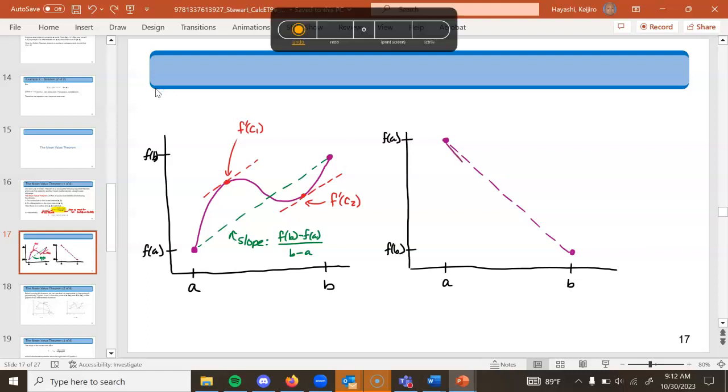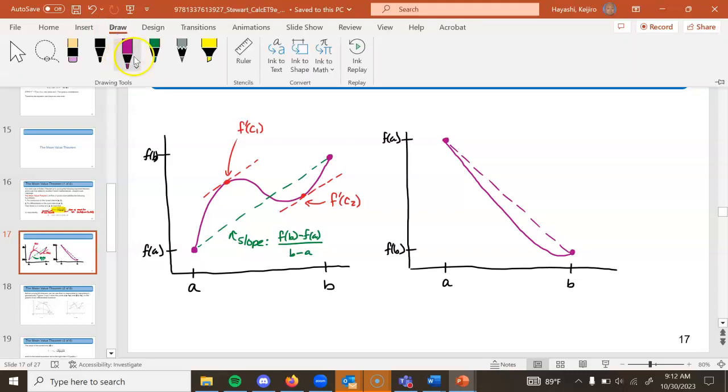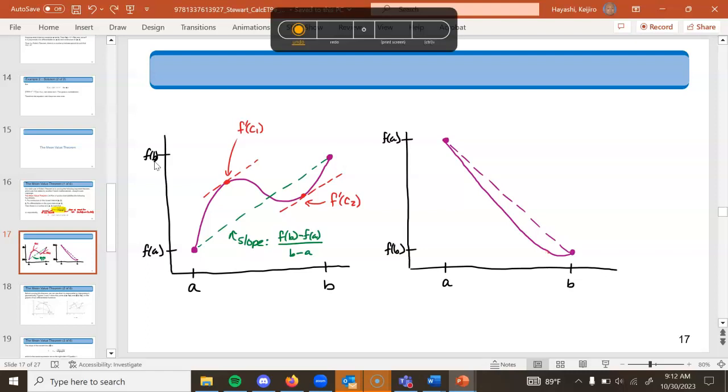You can try, but eventually you're going to be forced to connect two endpoints, and there is going to be a place where your derivative is the same as the slope of your secant line.